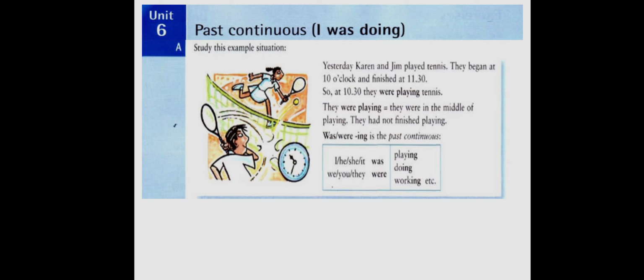So it becomes like this. We were playing, you were playing, they were playing. We were doing, you were doing, they were doing. We were working, you were working, they were working, etc.